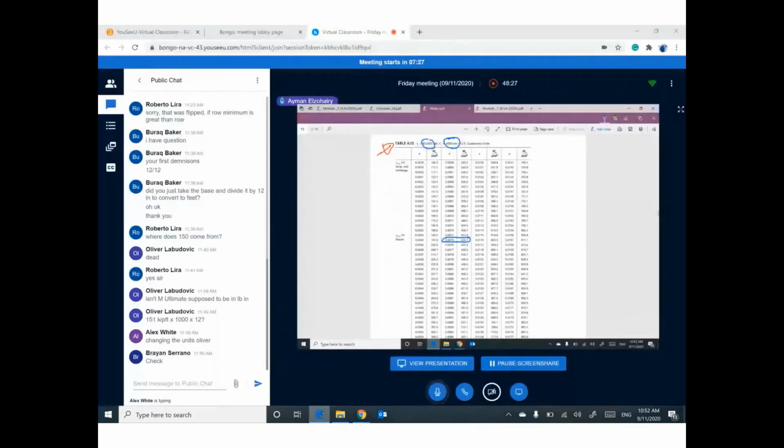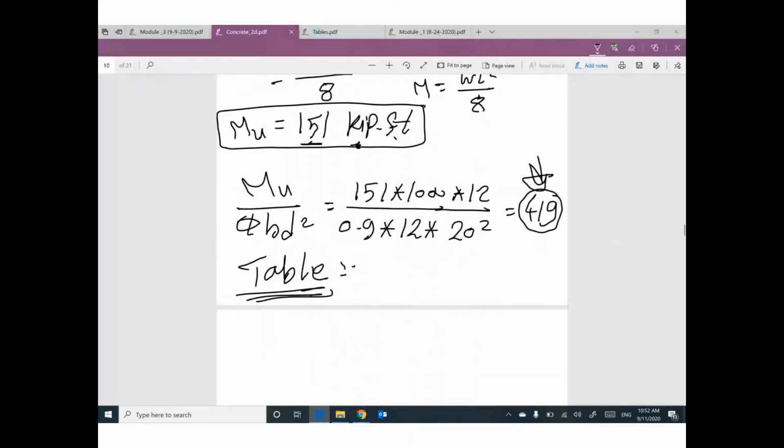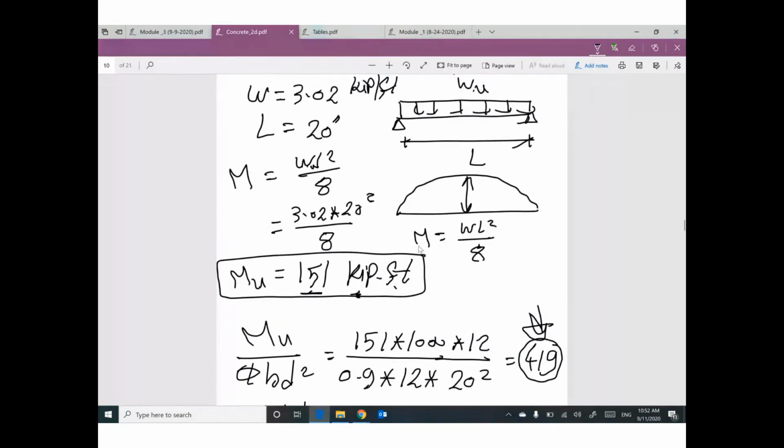Oliver, if you figure out W L squared divided by 8, W in kips per foot, L in foot, your final moment will be kip-foot.